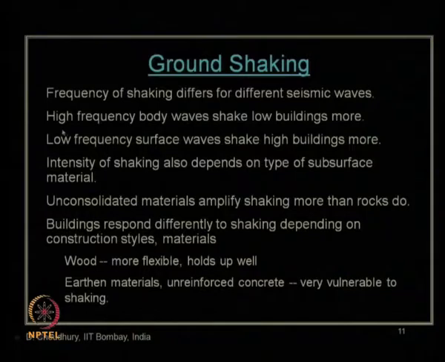High frequency body waves will shake low height buildings, like single-story or two-storied buildings, more, whereas the low frequency surface waves will shake the high rise or tall story buildings more.